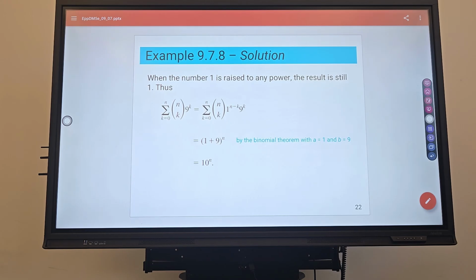So it's 1 to the n minus k times 9 to the k, which by the binomial theorem going the other way, is 1 plus 9 to the n, or 10 to the n.